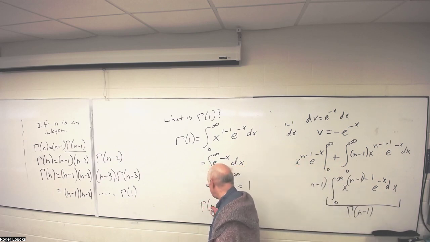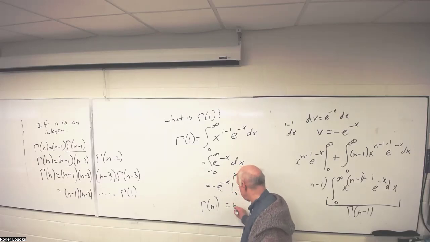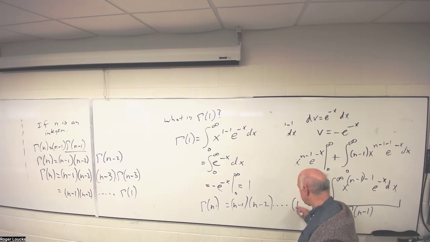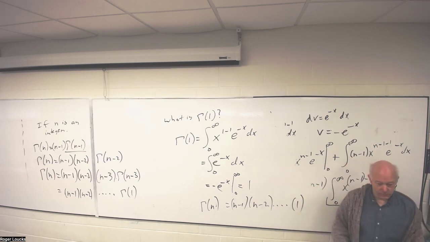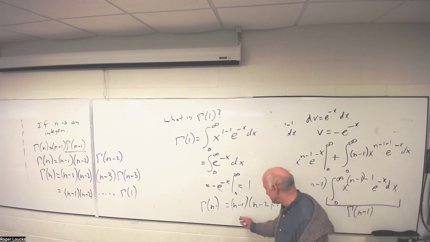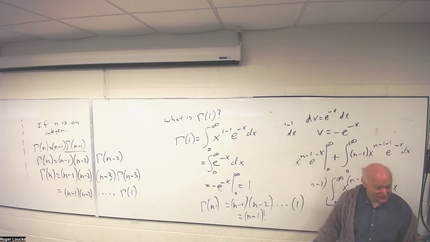So what do we have here? We have gamma of n, n minus 1, n minus 2, all the way down to 1. That is frequently called n minus 1 factorial. So you have n minus 1 factorial.